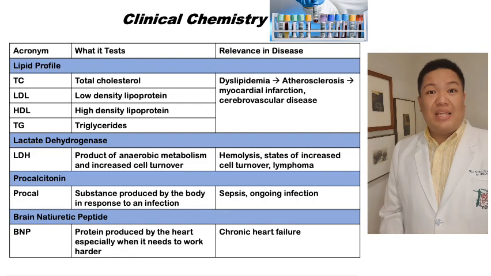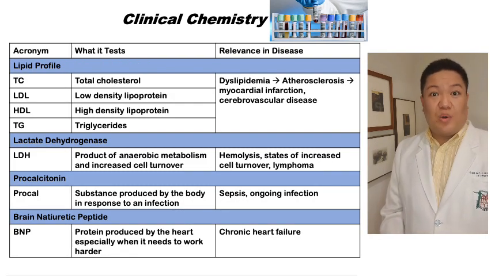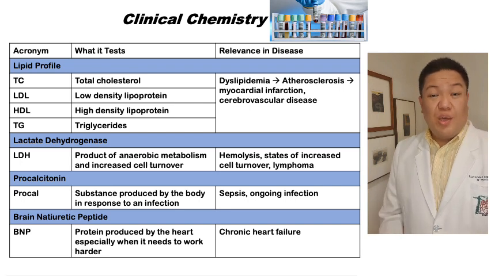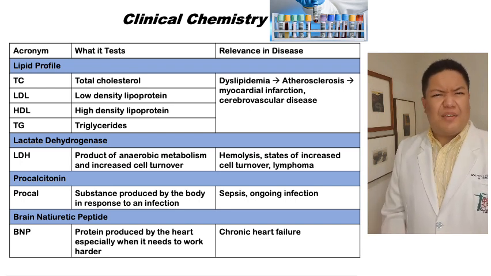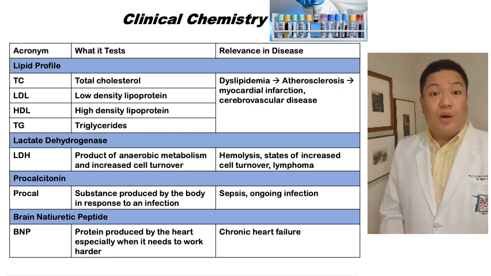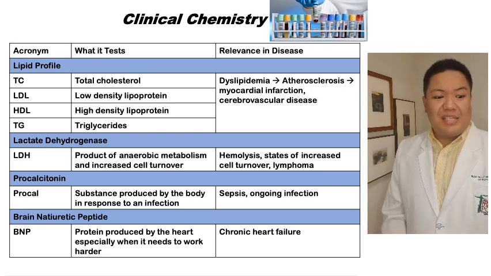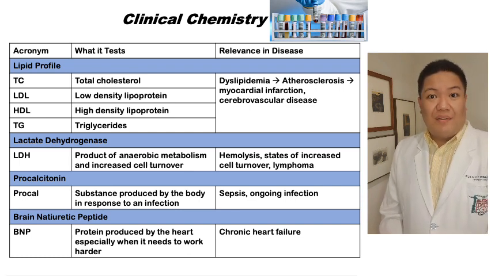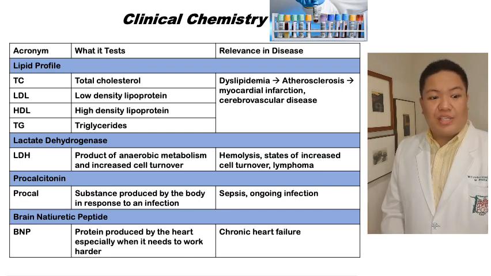The lipid profile is important, especially in the monitoring of the health status of our patients who have hypertension, have diabetes, and especially even in adults in general. It's a good idea for us to monitor their lipids, because it can eventually determine whether the patient will have atherosclerosis, which can lead to myocardial infarctions.